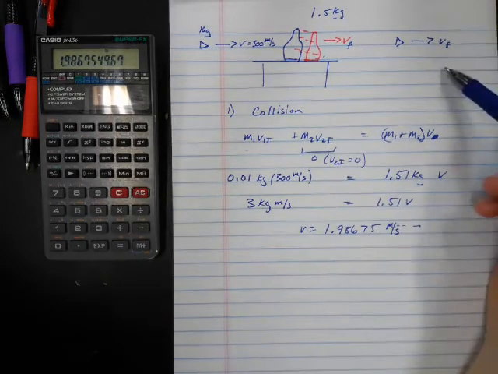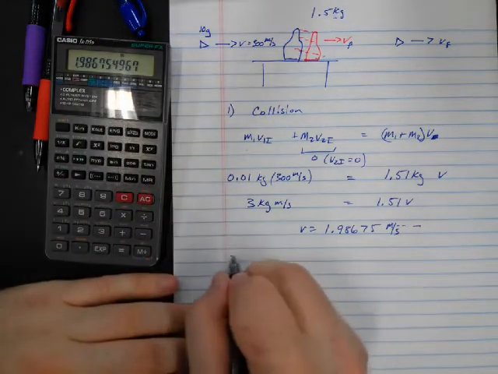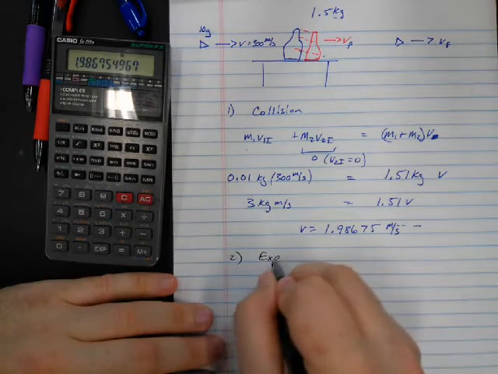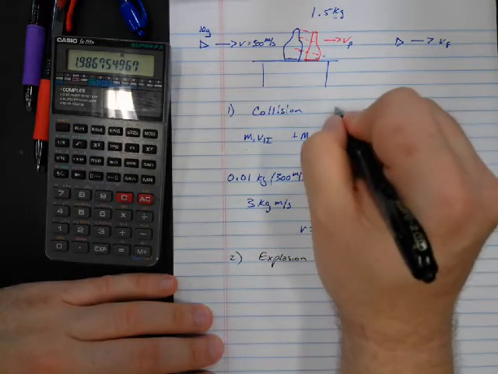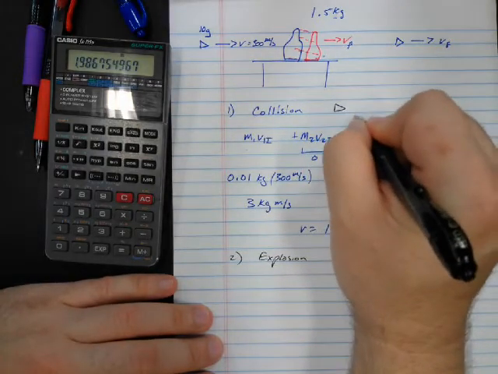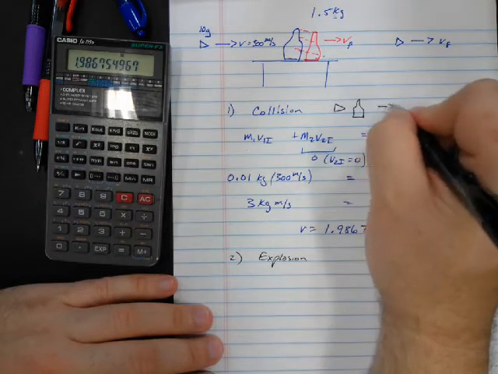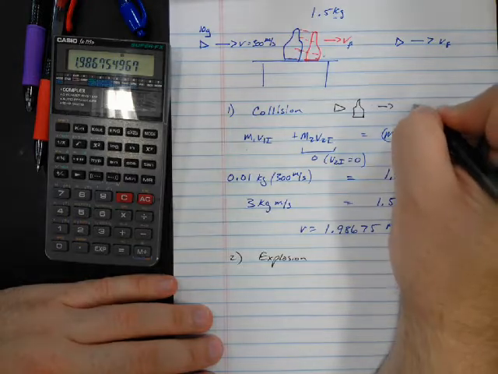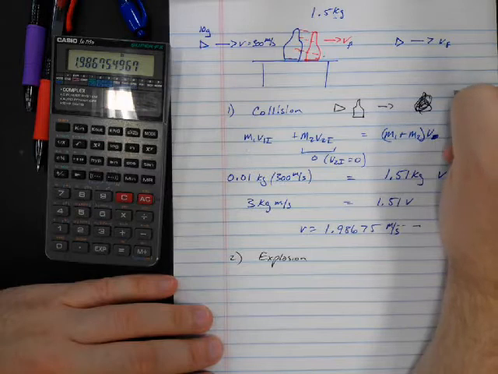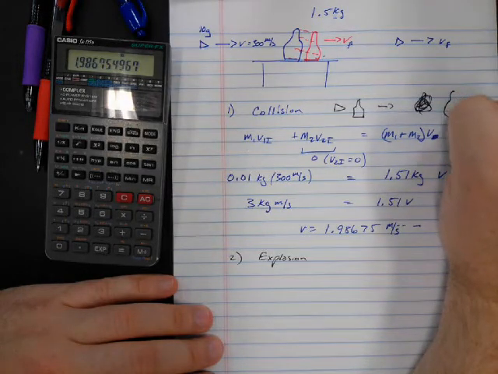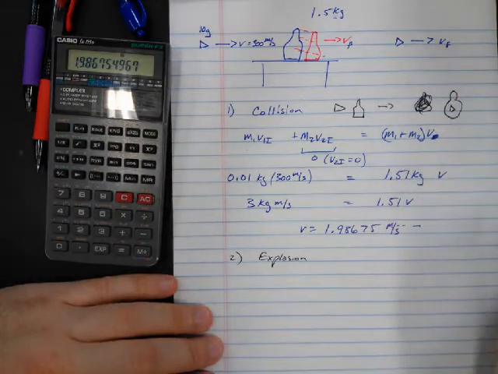And then the second part is the explosion. So what happens in the collision is you start out with your projectile and your bowling pin, and they turn into, let's see, I'm trying to draw a bowling pin with a projectile in it.